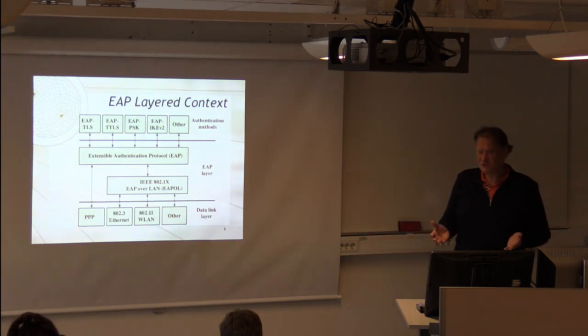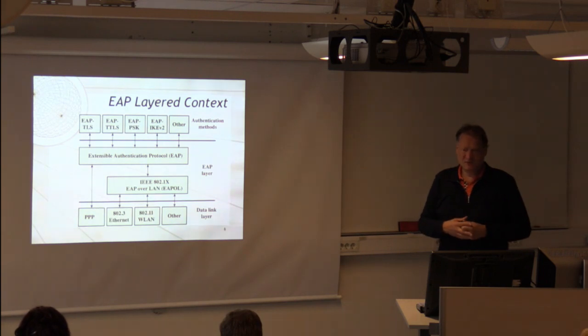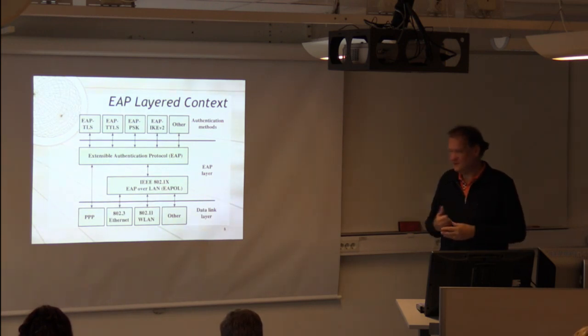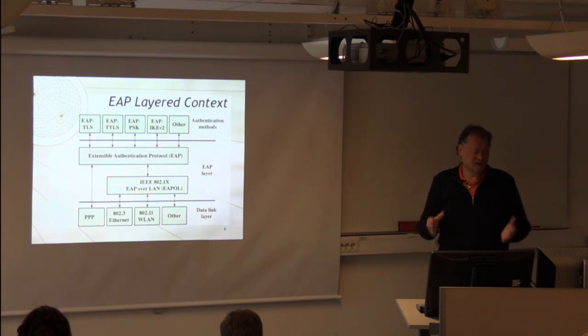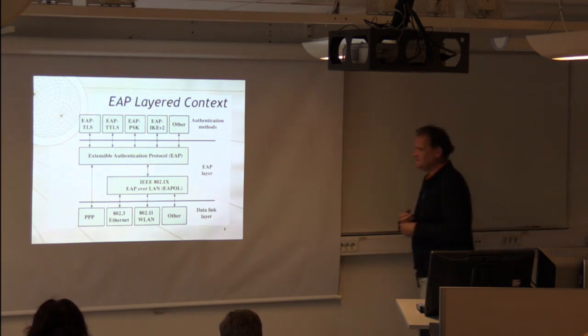It says that when you do authentication, well, then you need to involve some parties in that one. You need to contact the network access server. There may be a policy server in the background. So there are certain patterns for communication that are needed, and that is described here. There's also a format for how to create the messages. So that is also controlled by it.